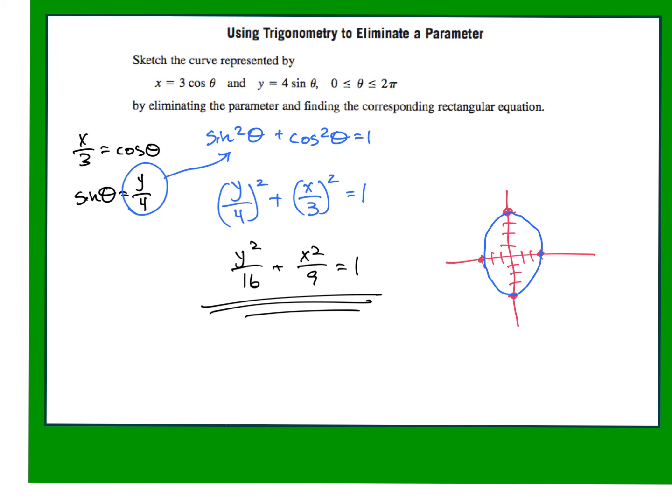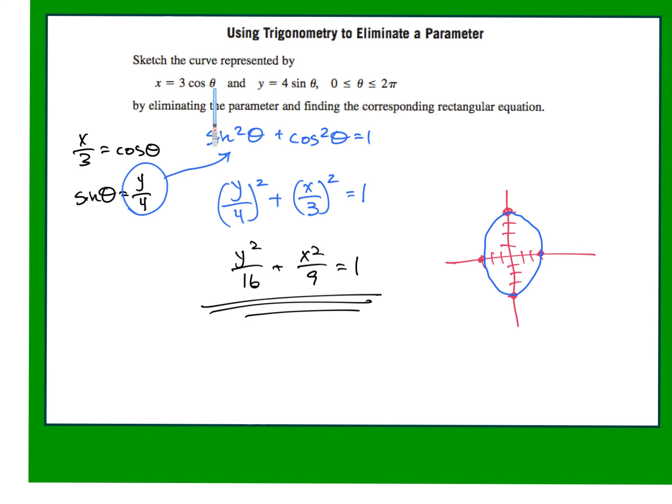And then if I substitute in 0, what's sine of 0? 0. So 4 times 0 is 0. So guess where it starts out at? It starts out at 3, 0. Now, I'm going to say this is pi over 2. Remember, this is pi over 2 and this is pi, right? So, if I substitute in pi over 2, what is the cosine of pi over 2? 0.